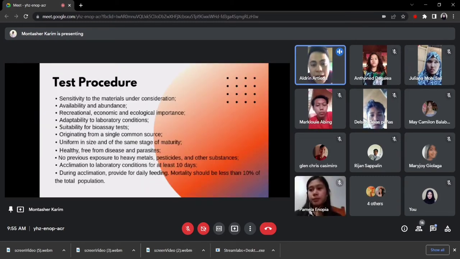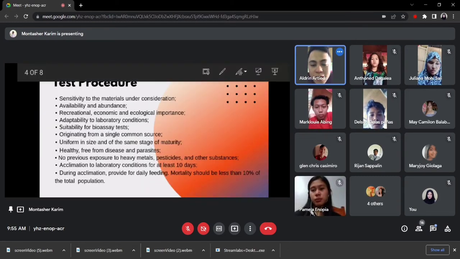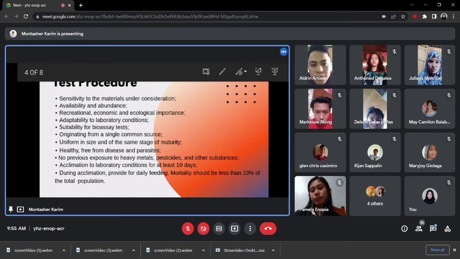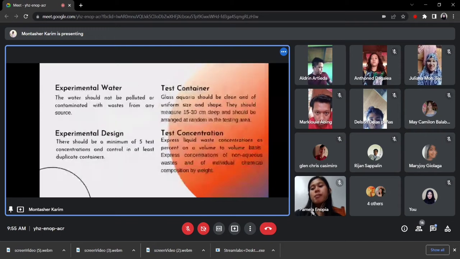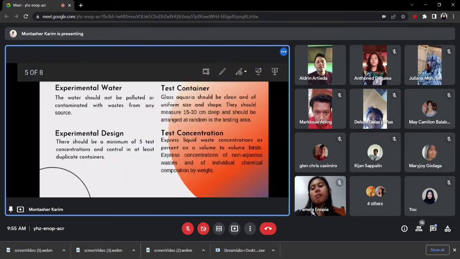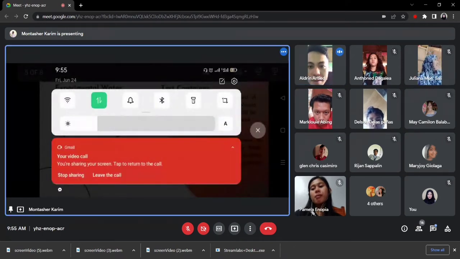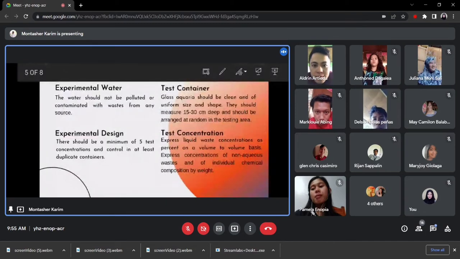Or to test the chemical substances in the water, what type of bioassay? I do not know.